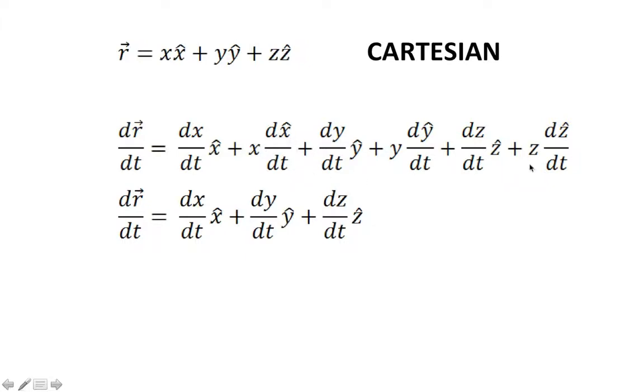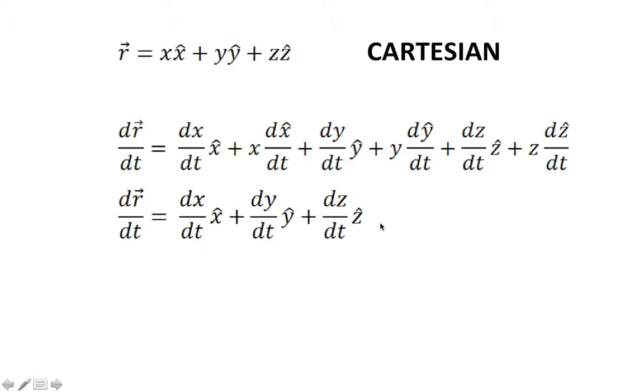We'll do this for each term in our displacement vector. Since d(x hat)/dt, d(y hat)/dt, and d(z hat)/dt are all 0, these terms drop out and we're just left with dx/dt x hat plus dy/dt y hat plus dz/dt z hat. This is because x hat, y hat, and z hat are constant in time. They always point in the same direction.